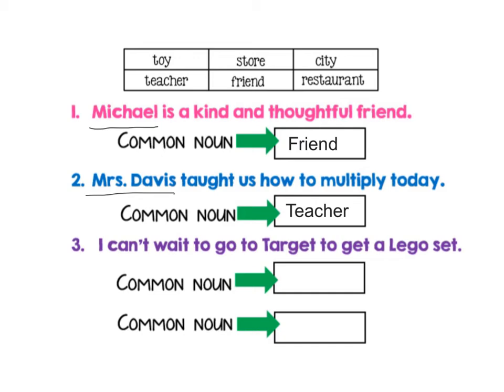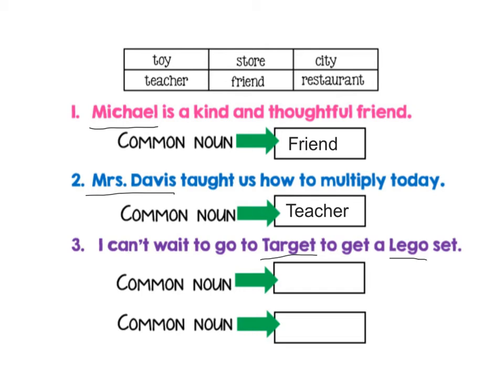Now let's look at sentence number 3. I can't wait to go to Target to get a Lego set. There are 3 proper nouns in this sentence, but we are going to focus on the 2 that have a common noun attached to them, so Target and Lego.